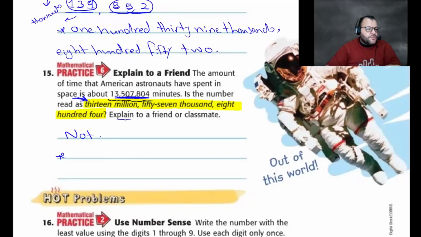Can you explain this one? It's 13 million. The first part is right. 13 million. The other part is not right because it's not 57. That is the mistake. It's 500.